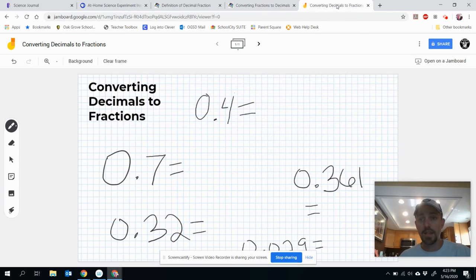One more thing I would like you guys to see today. Taking a look here, converting decimals back into fractions. Once again, knowing your place value right here. 0.4 is in the 10th column. No ones and 4/10. So you can simply write 4 on top of 10 and you get 4/10. 0.7.